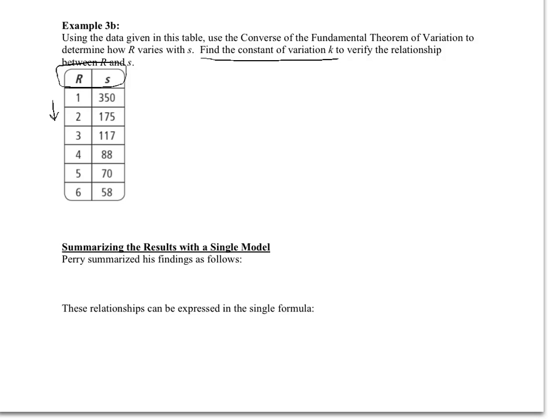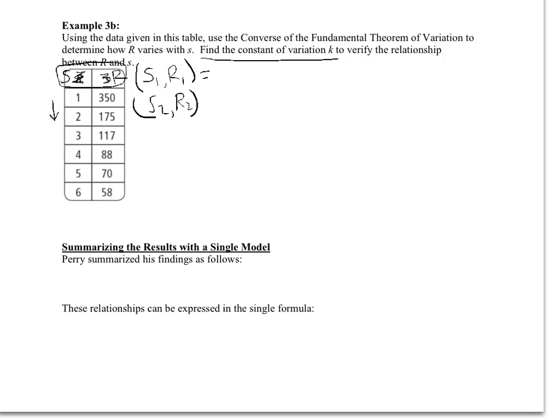So let's select some data points again. Oh, let's rename these. This should be s, and that should be r. They had them backwards. So we'll do s1 and r1, and s2 and r2.